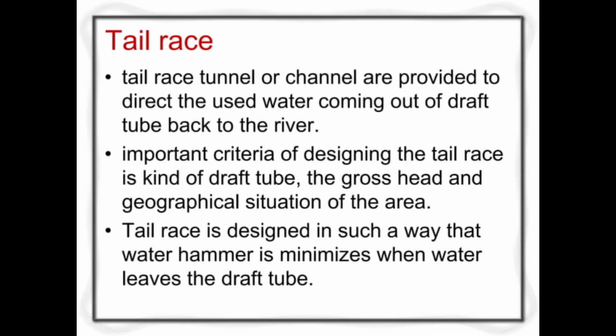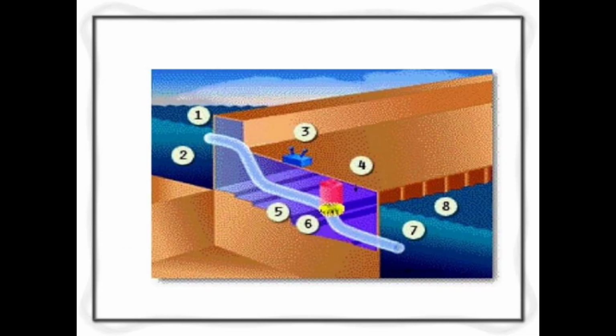Important criteria for designing the tail race are the kind of draft tube, the gross head and the geographical situation of the area. The tail race is designed in such a way that water hammer is minimized when water leaves the draft tube. We can see this from the schematic diagram.